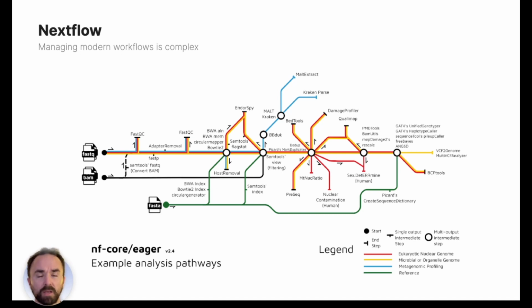And this representation of the workflow is what we call a tube map diagram, in that each of the stops on this fictitious tube map is a tool or a small set of tools that take some data, run some analysis, and write some new data as output. The data flows through this graph from left to right.